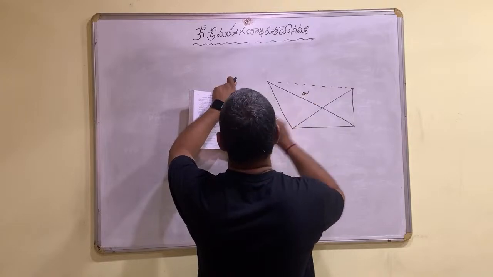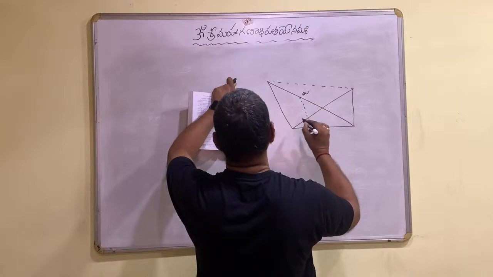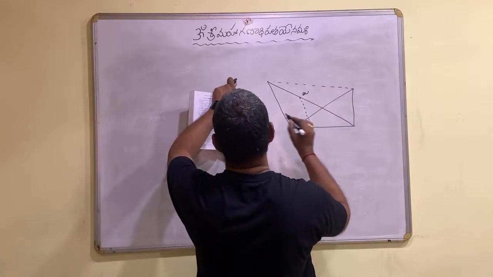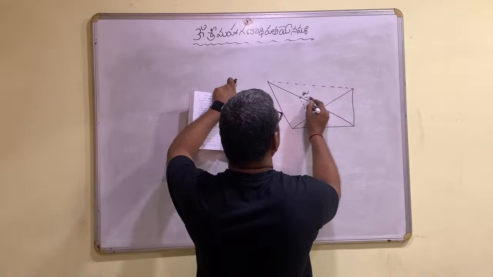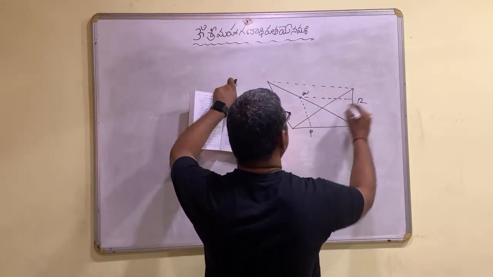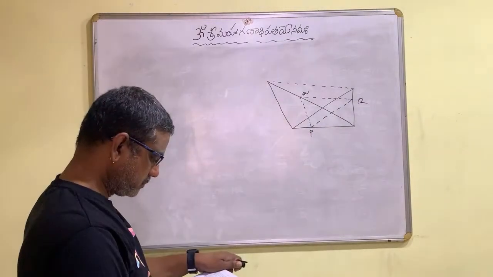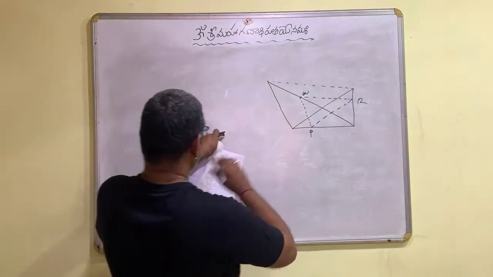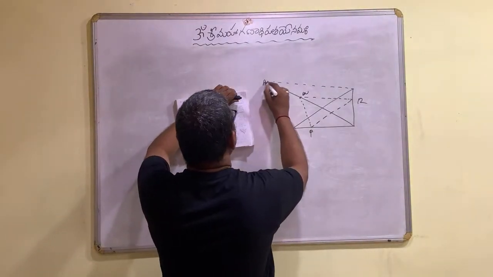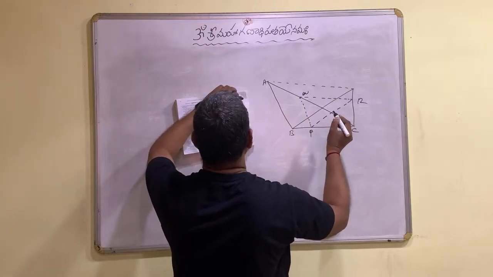Here a point is there, Q, P, R, like this. Okay, this is A, B, C and D.